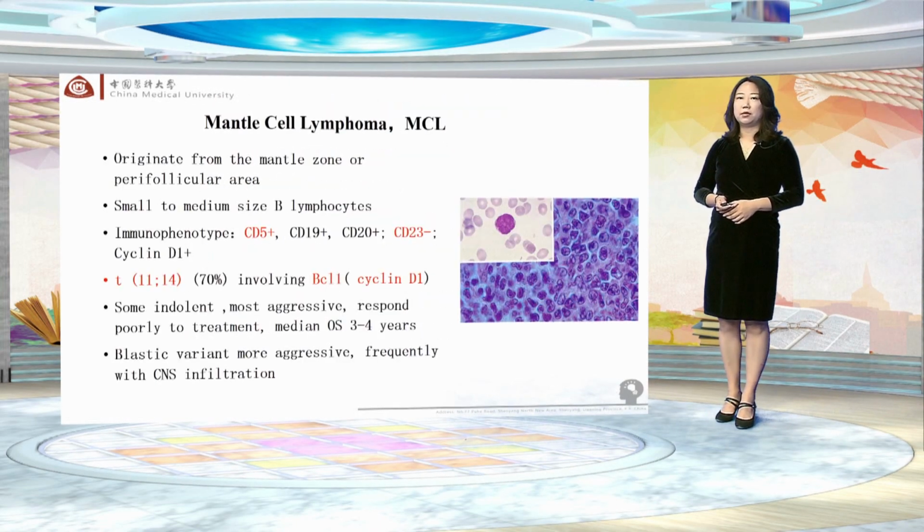Mantle cell lymphoma is recognized by definitive histology and immunogenetic features. Malignant cells arise from the mantle zone or perifollicular area and present as small to medium-sized lymphocytes with a round, irregular nucleus, which is sometimes cleaved.